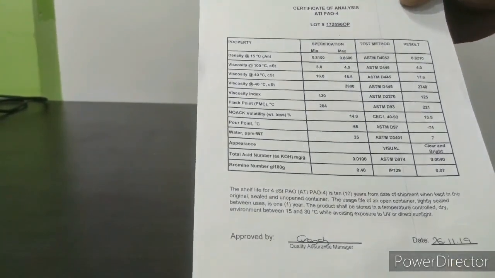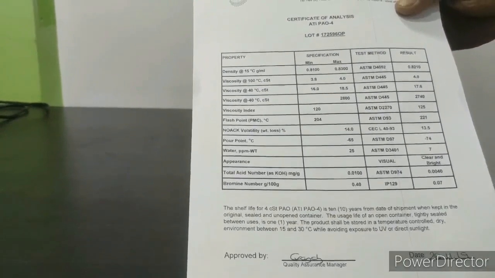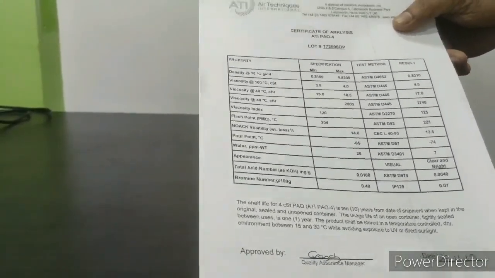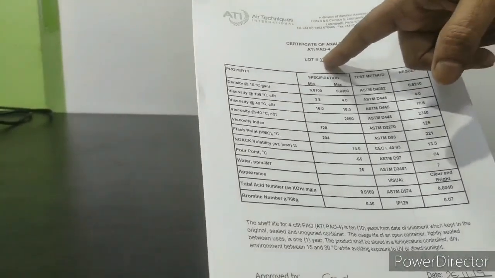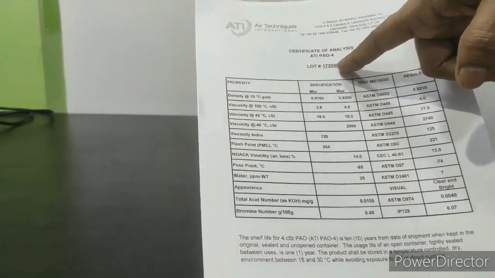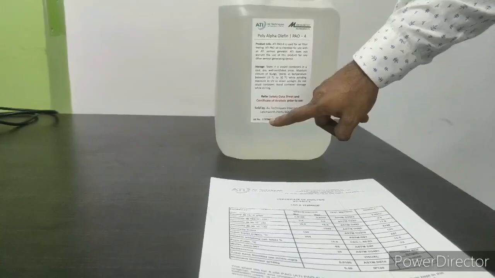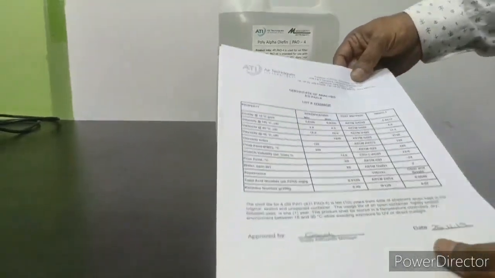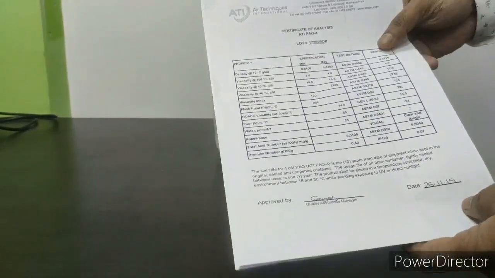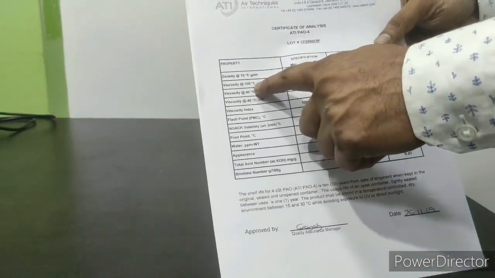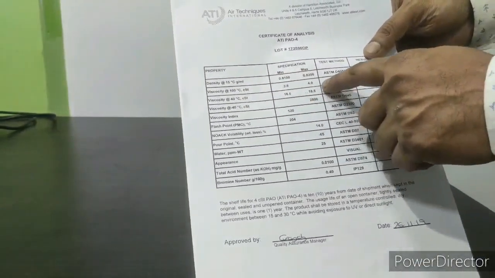Here you can see a close look at a certificate of analysis, in which you have to match the lot number mentioned on the certificate with the label on the reagent can. Also, here you can see the viscosity at 100 degrees Celsius is 4.